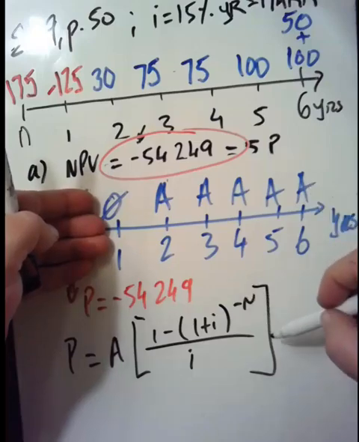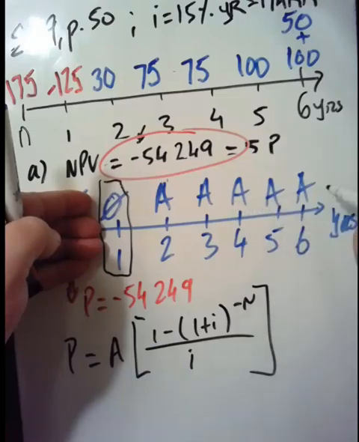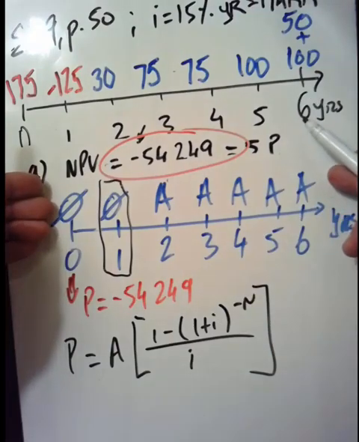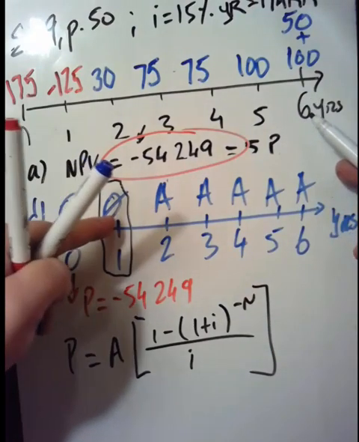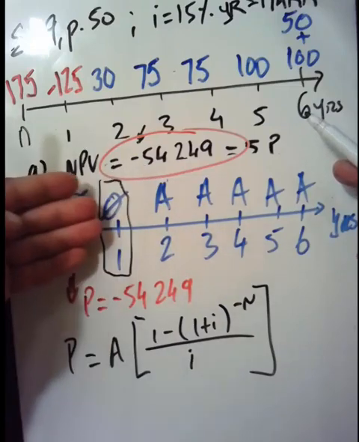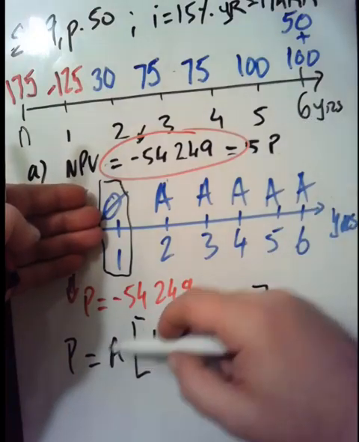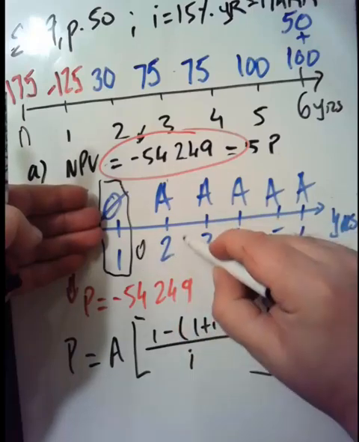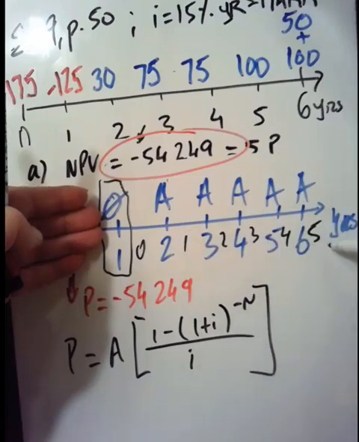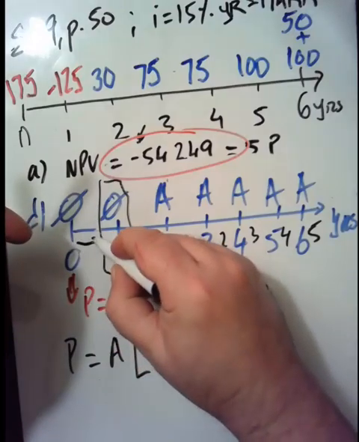So in order to use this formula, I need to have a present value at this point. This formula does not apply in this scenario, in what you have at the end of the first period 0. No. You need to have at the end of the first period an annuity, and that we observe here. But to use this formula, given that our n is going to be 5 annuities paid off, then we need to bring this present value to time 1.